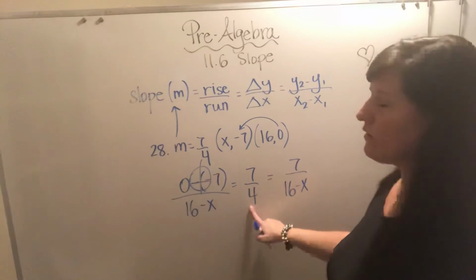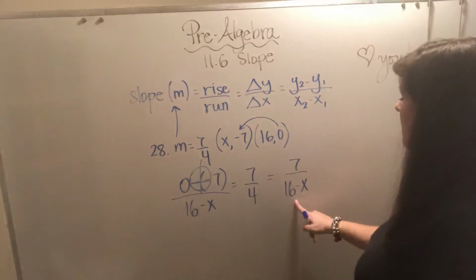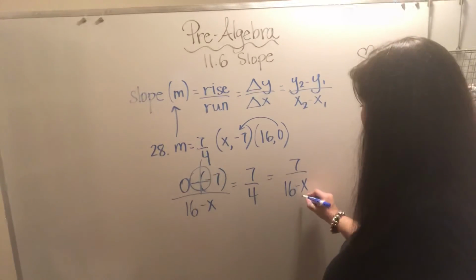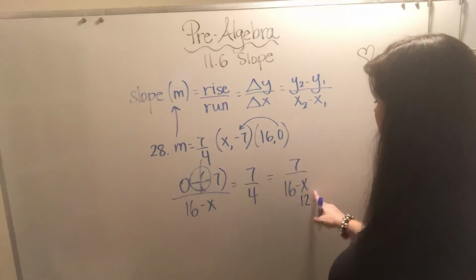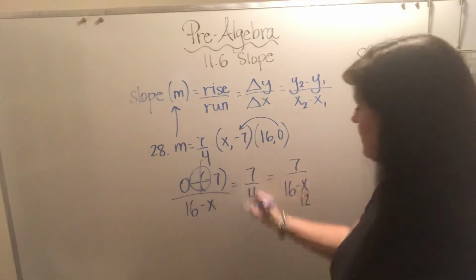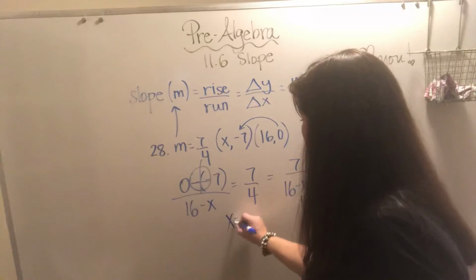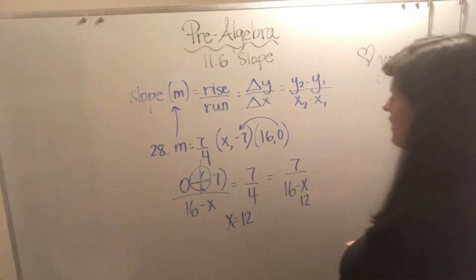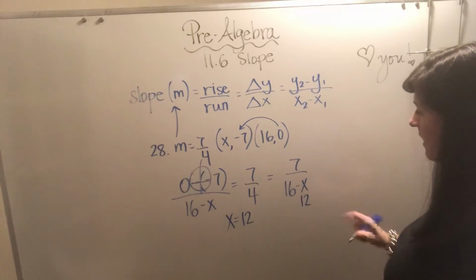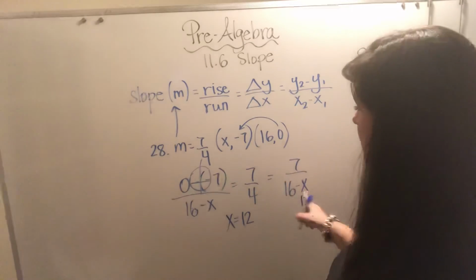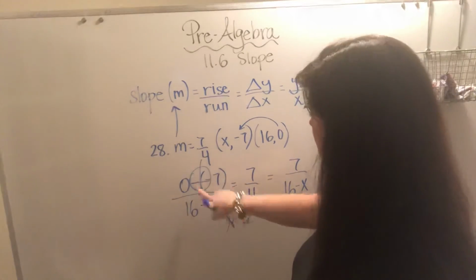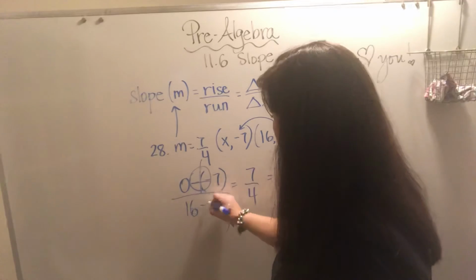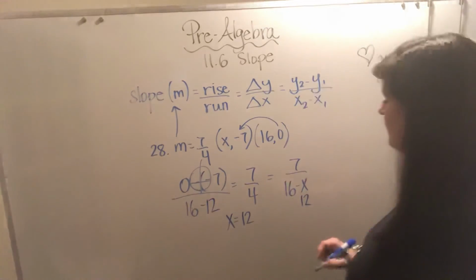What needs to go here so that it equals 4? Ah, well, 12. 16 minus 12 is 4. So I know x equals 12. Does that work? Sure, when I put it back in there, 0 minus 7, 16 minus 12, that's 4.